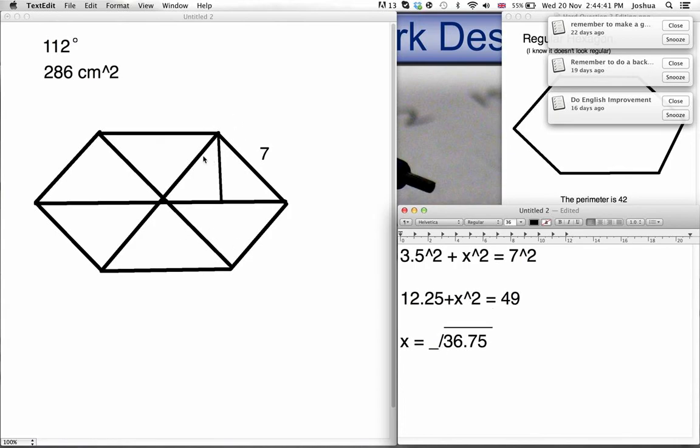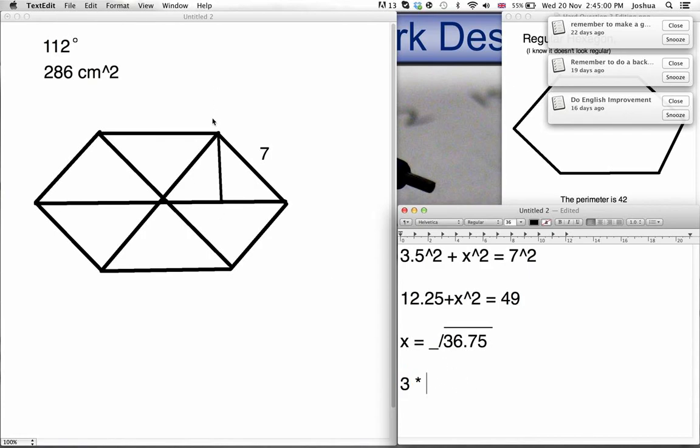And you can see that there are 6 triangles. So basically the area is going to be 6 times the area of the triangles. The area of each triangle is height times base divided by 2. Since it's all divided by 2, we're going to change the 6 to 3, because 6 divided by 2 is 3.